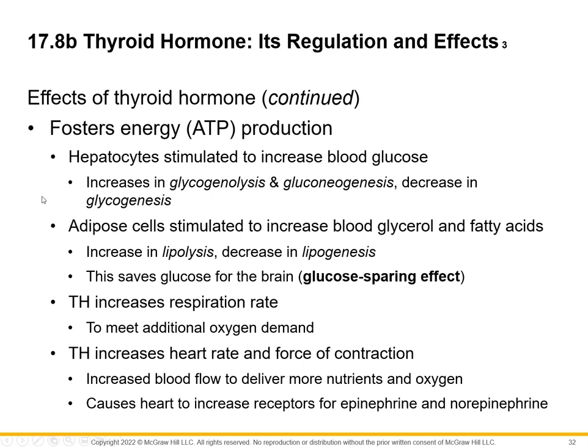Increasing respiratory rate, as we saw, supplies the additional oxygen that we need for ATP production, and then of course increasing heart rate and force of contraction circulates that blood to pick up the oxygen and send it out to the tissues.